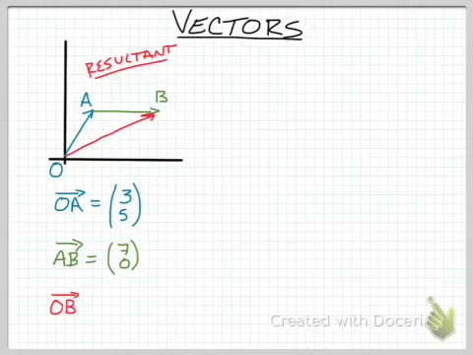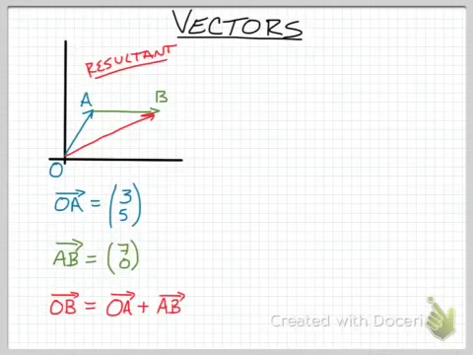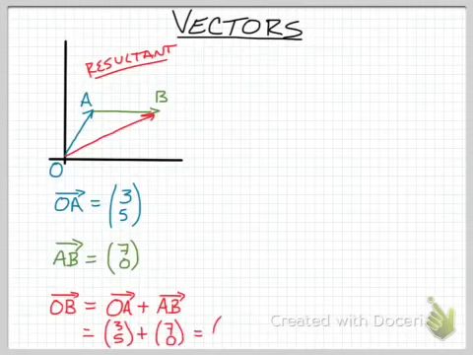So the resultant vector OB is going to be the sum of OA and AB. So we're just adding up our distances between the two. We can find that just by putting our positions in there. We've got 3, 5, and 7, 0, and we add those together, we get 10, 5.